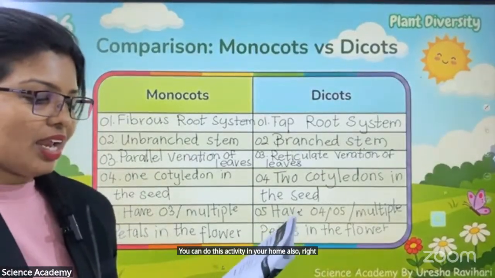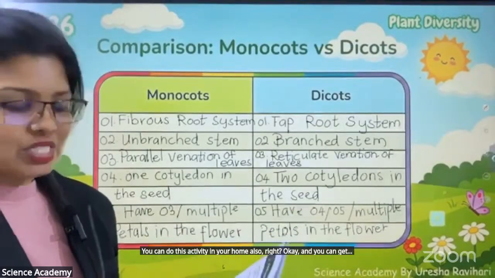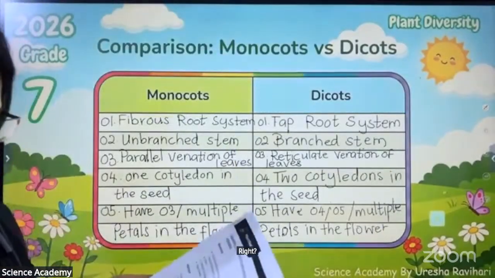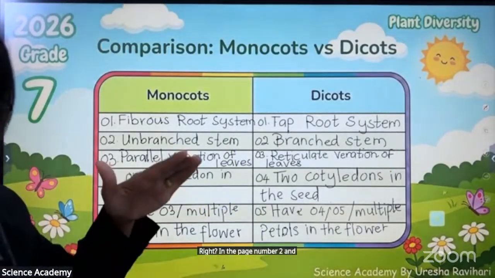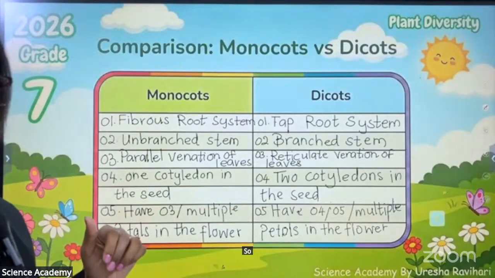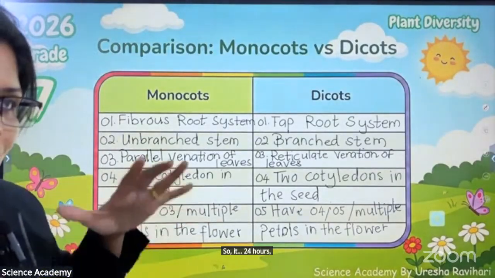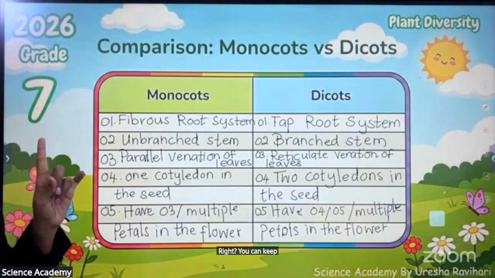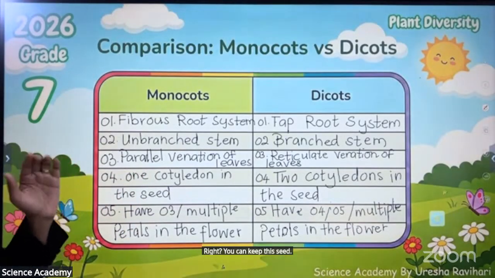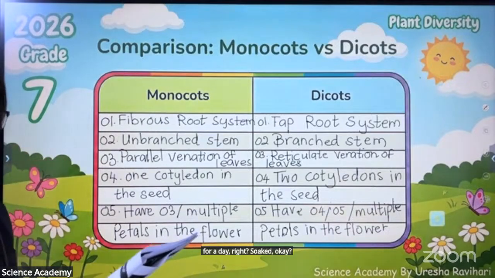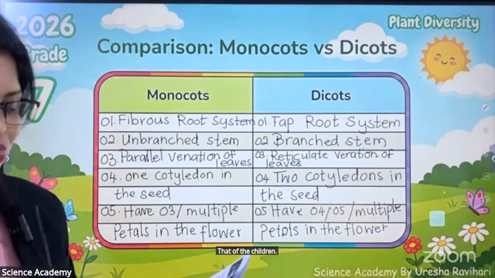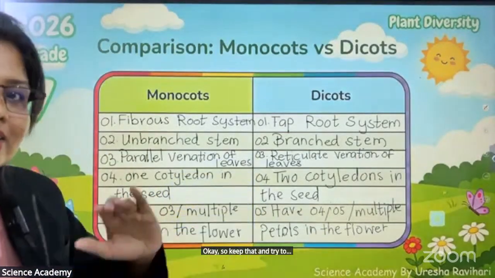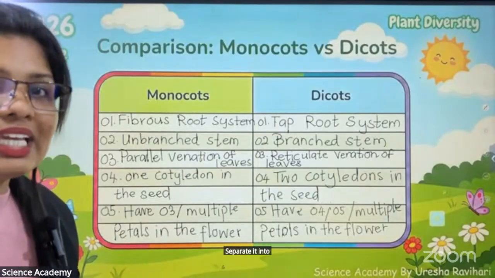Get 5 seeds mentioned on page number 21, soak them for 24 hours, then separate each into two equal halves.